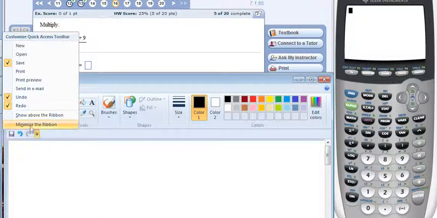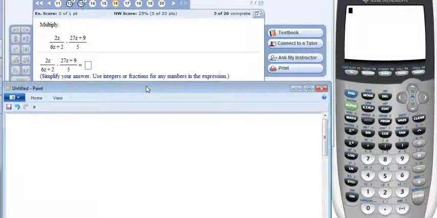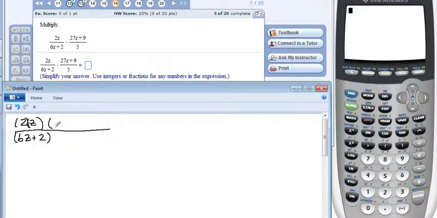We're going to see if the products match so that we can cancel. Okay? So we have 2z over 6z plus 2. Okay, so I'm going to do this. And then I have the 27z plus 9 and a 5.